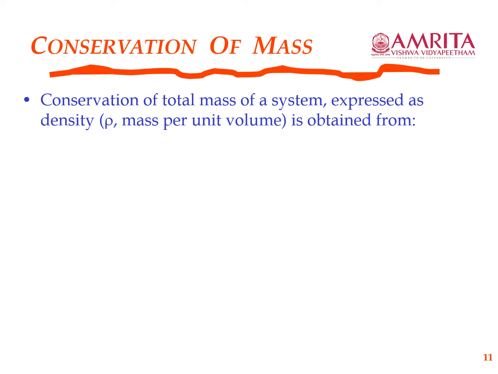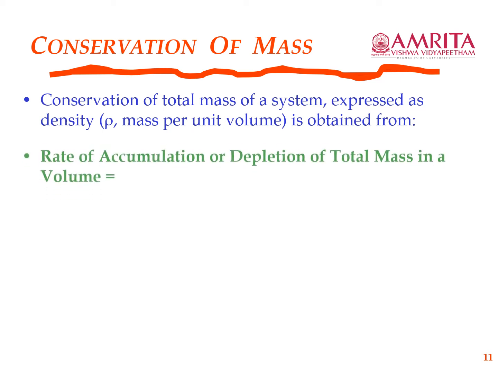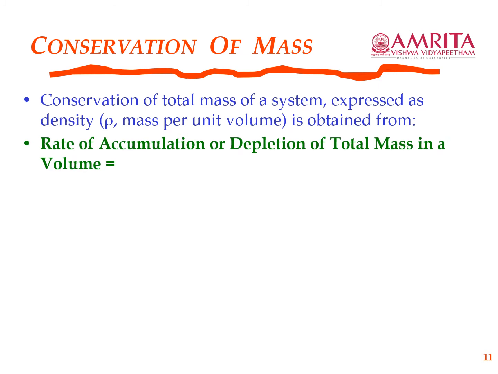Therefore all these conservation equations are expressed in terms of such intrinsic quantities, as I had discussed before. So now we are looking at total mass as density, mass per unit volume. The typical formulation asks: what is the net rate of accumulation or depletion of the total mass in that volume?